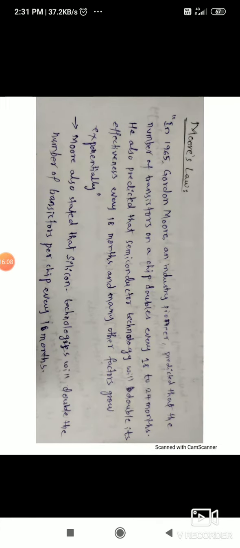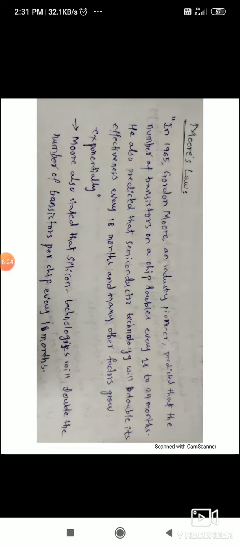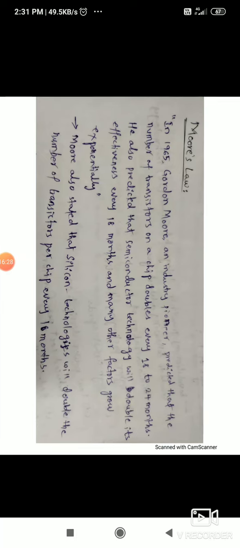He also predicted that semiconductor technology will double its effectiveness every 18 months and many other factors grow exponentially. Moore also stated that silicon technologies will double the number of transistors per chip every 18 months. Because of the advantage of silicon compared to other semiconductor materials, silicon technology will double the number of transistors per chip every 18 to 24 months.